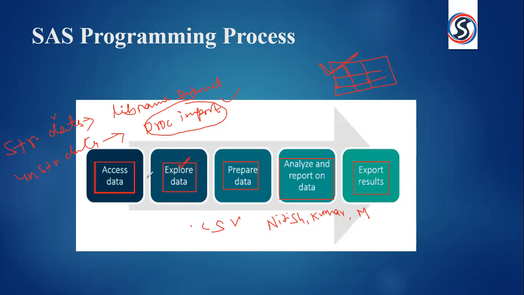We have different procedure steps through which you can explore and validate the data. We have proc means, proc freq, proc univariate, proc print. Through those procedures, you can explore the data.